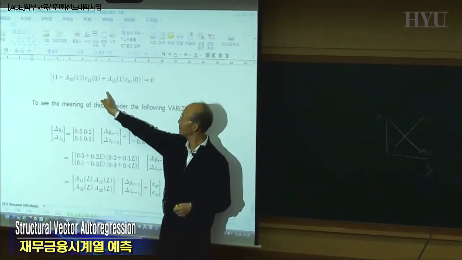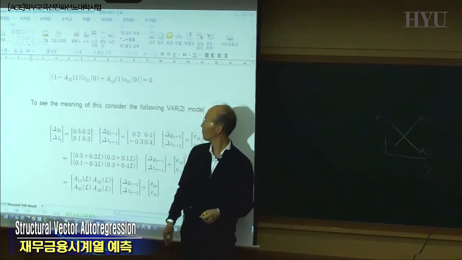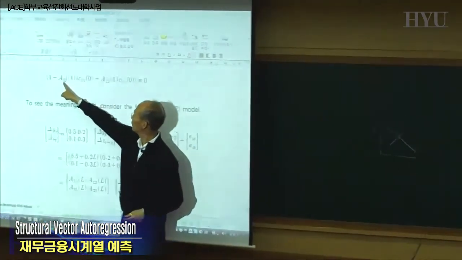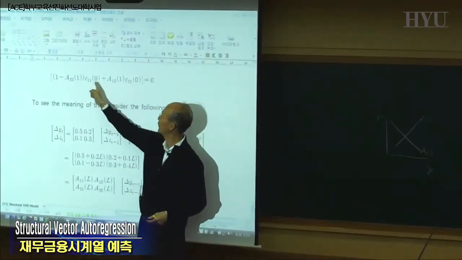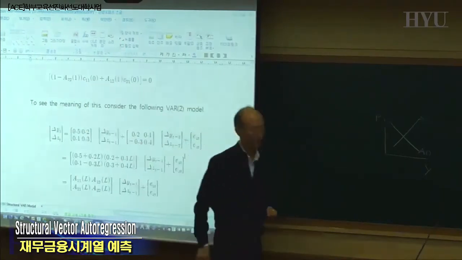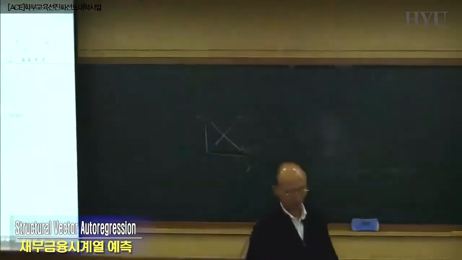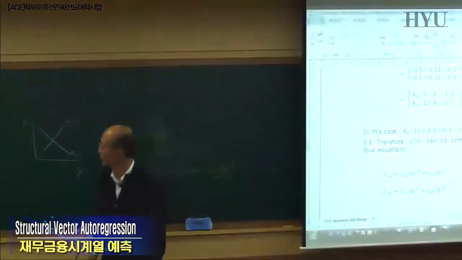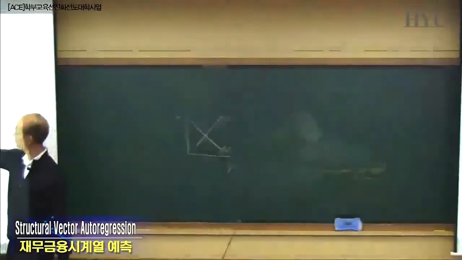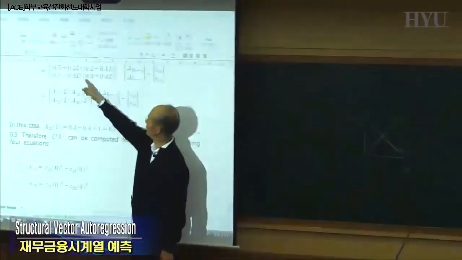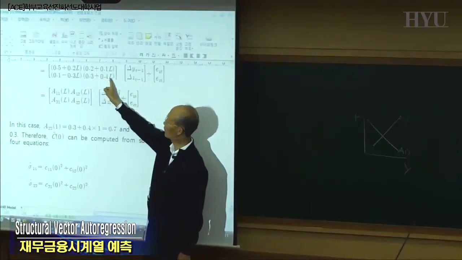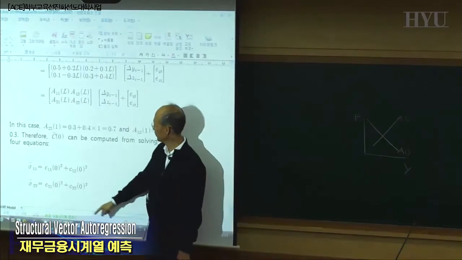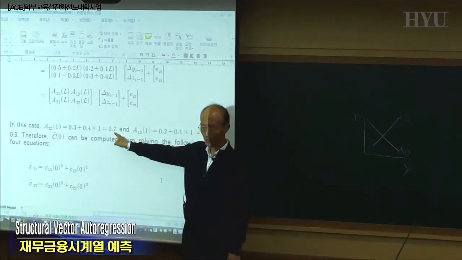So you have this part known, known, and 2 unknowns. So here, A21 is 0.3 plus 0.4 times 1, which is 0.7.